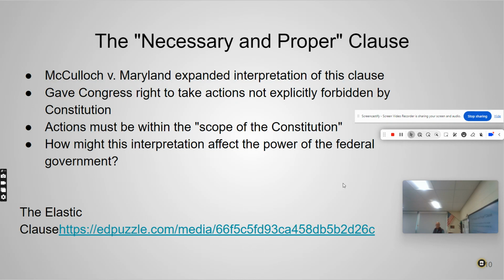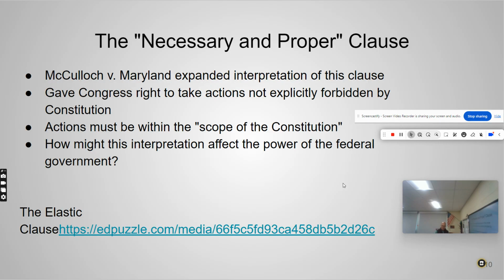We left off yesterday talking about the elastic clause, the clause in the Constitution that basically allows the legislative branch to stretch the limits of the Constitution.